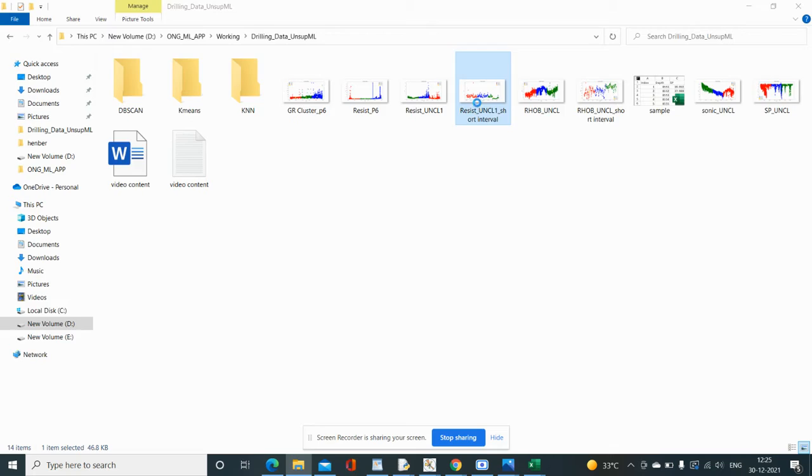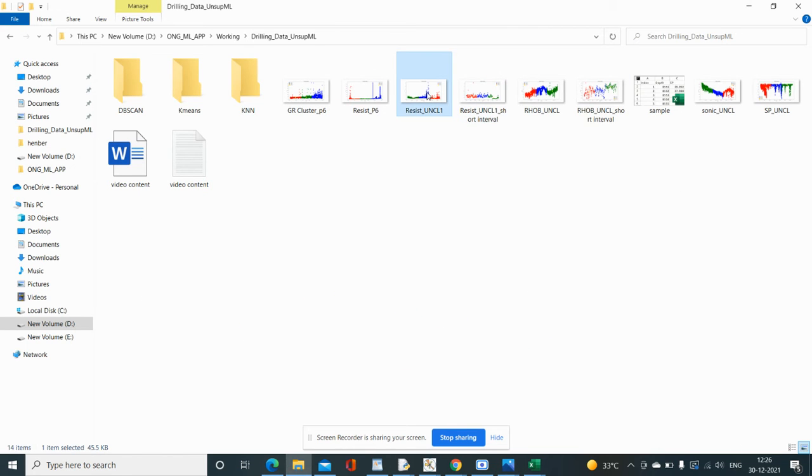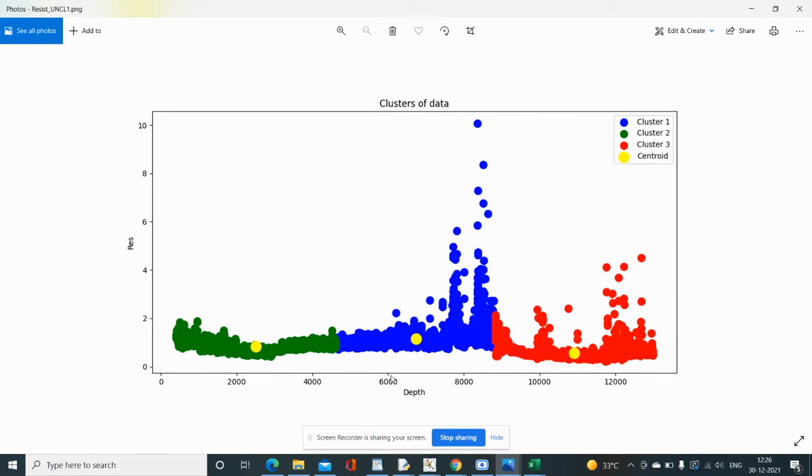Here we have again resistivity of the same well, but the resistivity data points are divided into a much smaller interval, so that more granularity is achieved, from 8550 to 8900 or 9000 feet. So let me see that again.